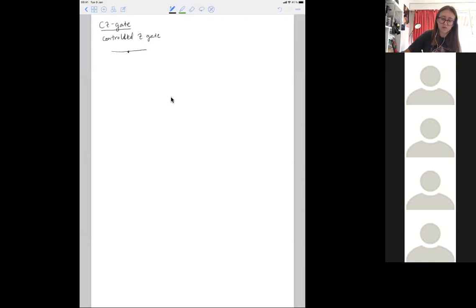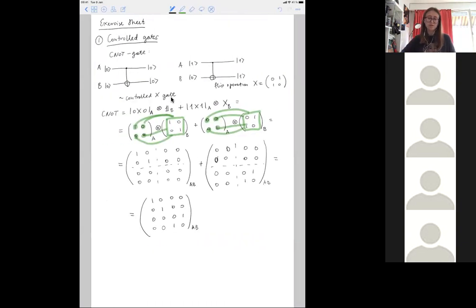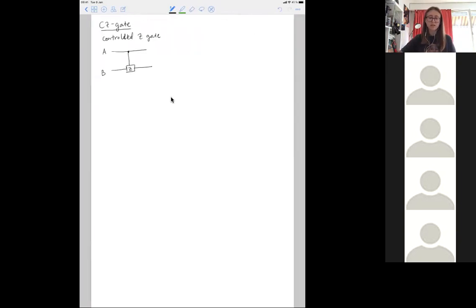And again, as we draw it, this is A and B. So the same as the C0 gate was a controlled X gate, the CZ gate is a controlled Z gate. So instead of the flip operation, we apply the Z gate. So the Z gate, just to remind you, is this one. It just gives a phase of -1 if the state of the qubit is 1.